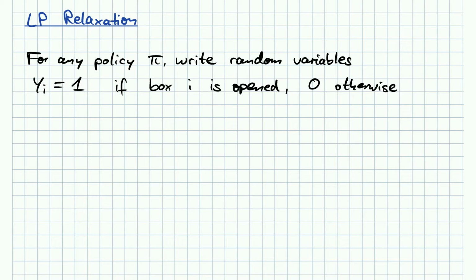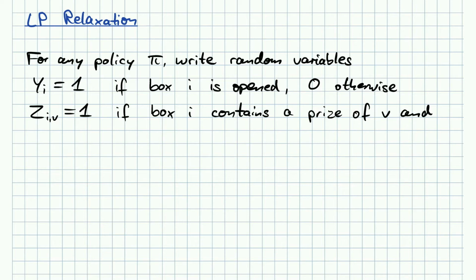And we'll also write Z_{i,v}, and this is 1 if box i contains a prize of value v and this prize is selected. And we'll say that Z_{i,v} is 0 otherwise.